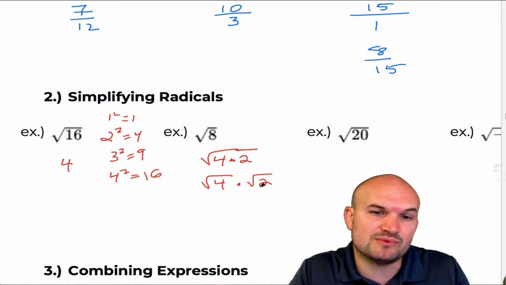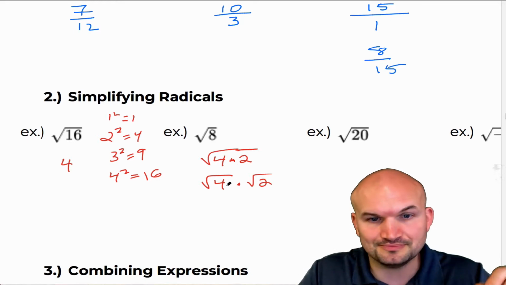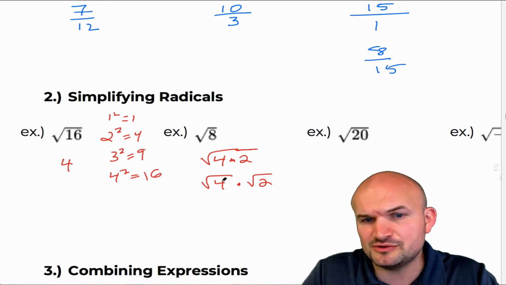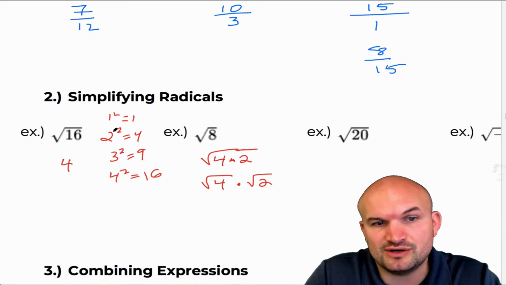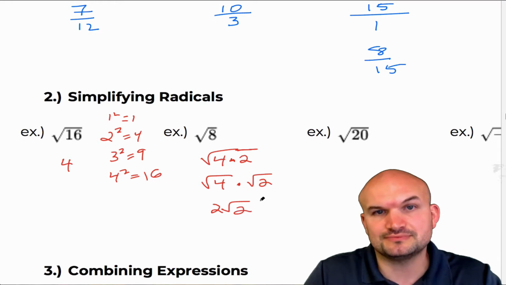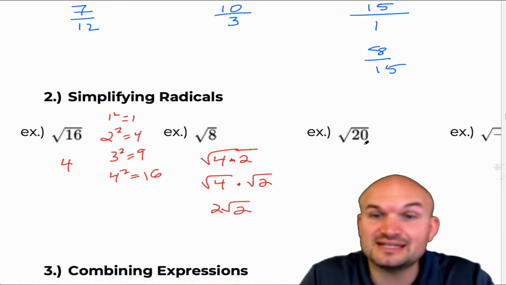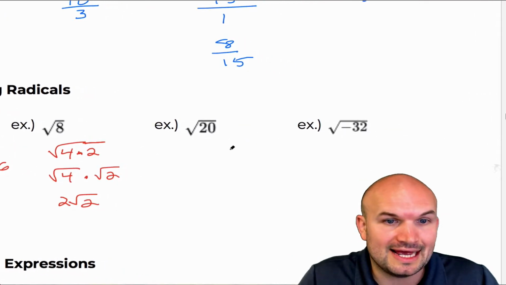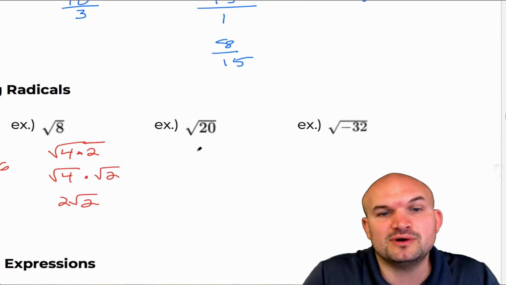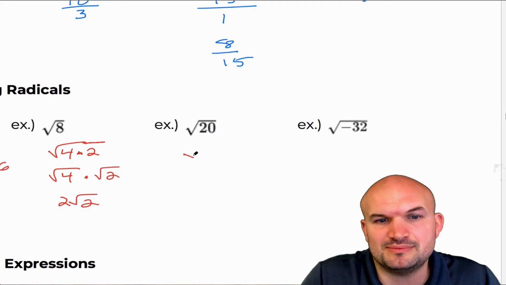Because if you multiply two radicals, as long as they have the same index, you could just multiply. Square root of 4 times square root of 2 would equal square root of 8. But now I can take the square root of 4, which is 2, and that's going to be times the square root of 2. Okay, and then in this last example here, I have the square root of 20. And again, we're going to do the same thing. Now, the important thing is where students sometimes get mixed up and say, oh, well, that's going to be 10 times 2.